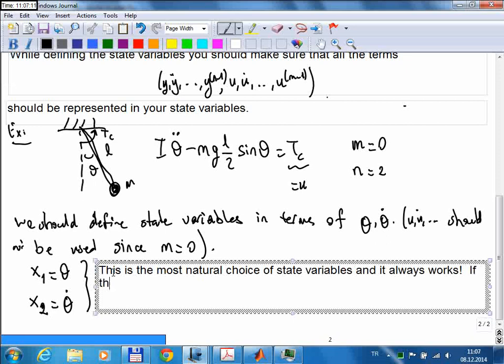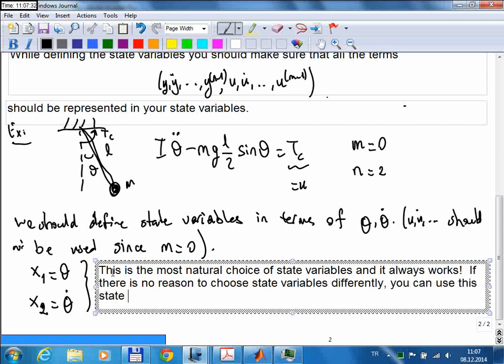So if there is no reason to choose state variables differently, you can use this way to define state variables.